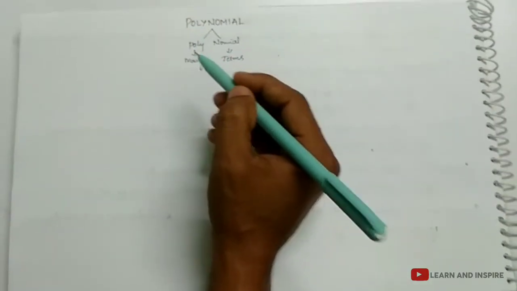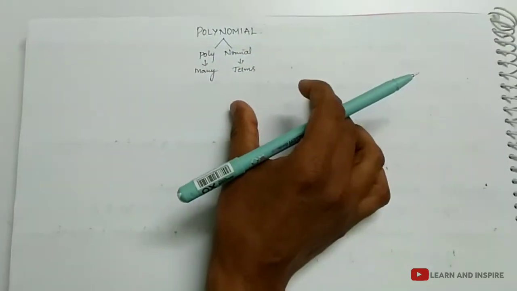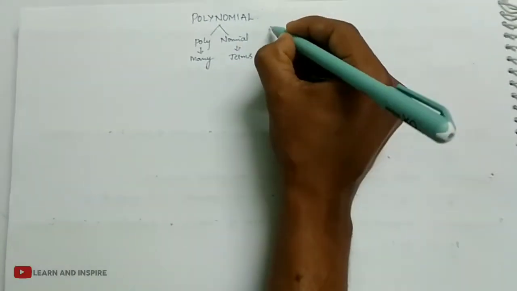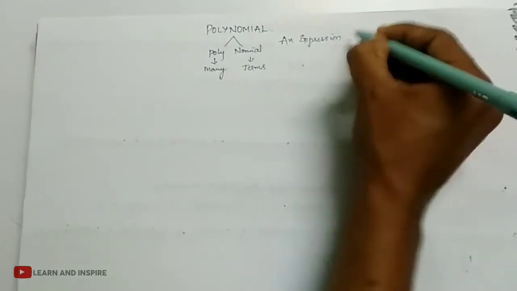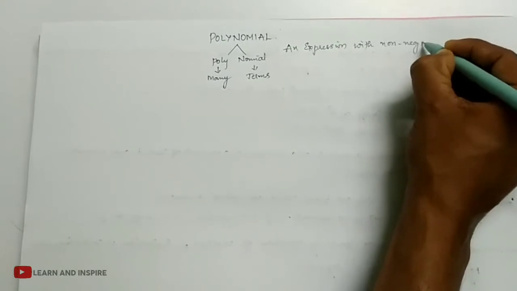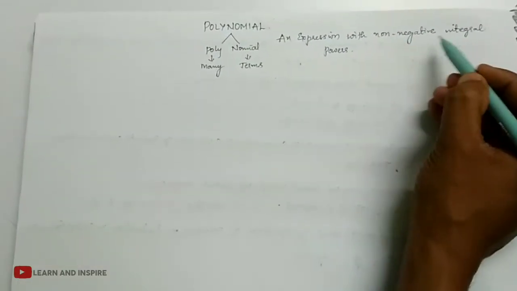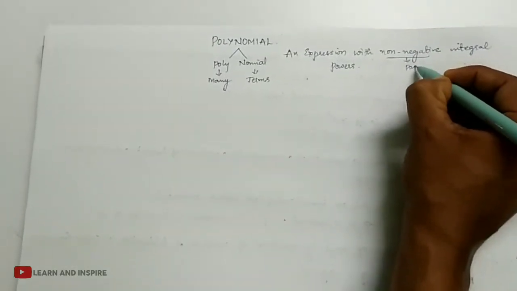In another definition, a polynomial is an expression with non-negative integral powers. What does non-negative integral powers mean?